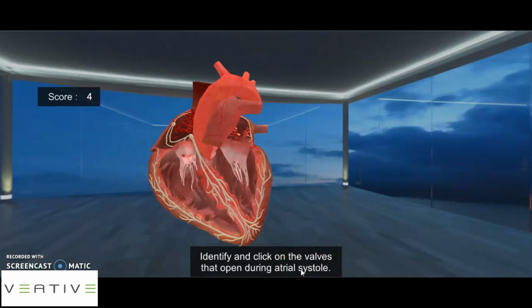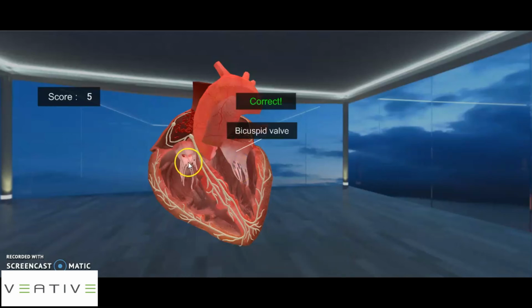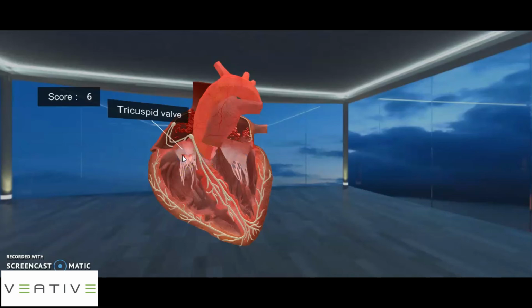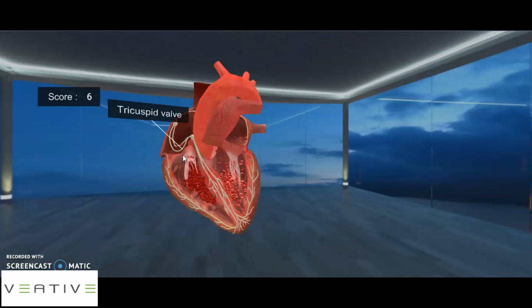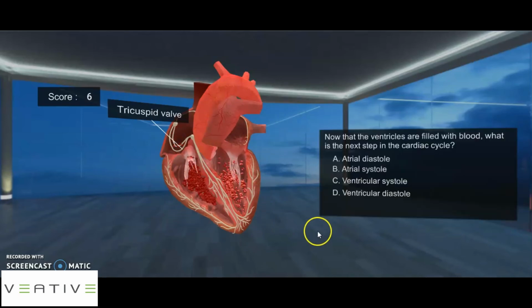When the atria contract, which valve will open? Good. The atrioventricular valve, which is the tricuspid and bicuspid valve. You already get 6 scores.